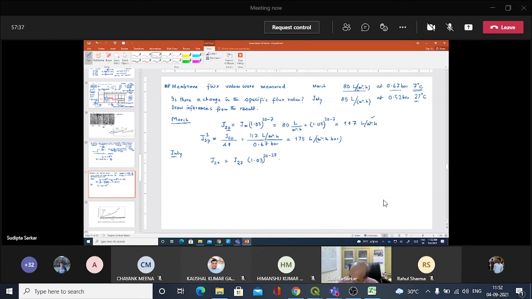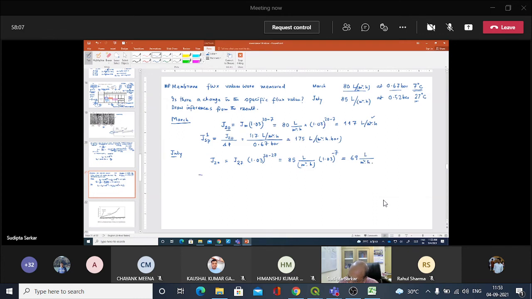Write 85 liter per meter square hour times 1.03 to the power minus 7. Can you please calculate it for me? So this is 69 liter per meter square hour.